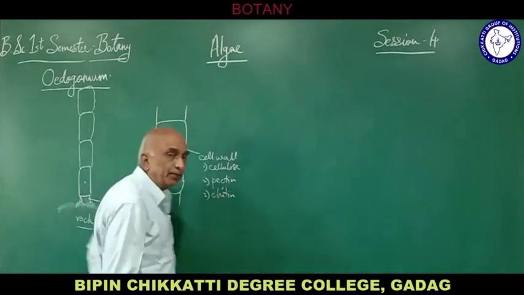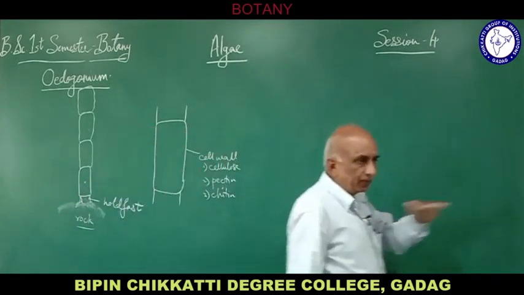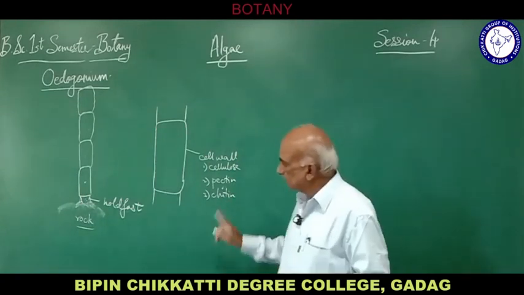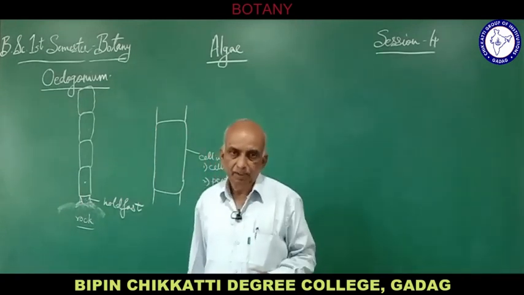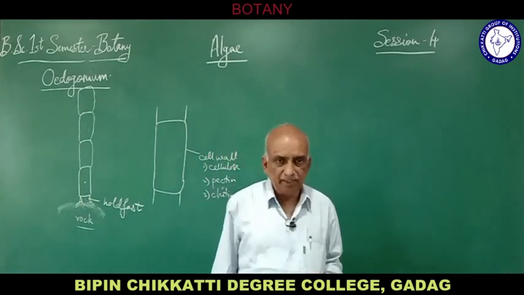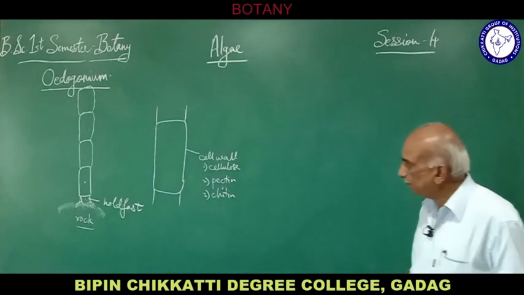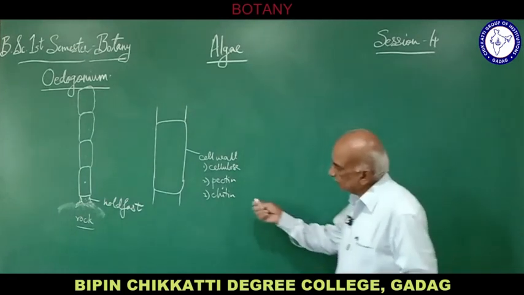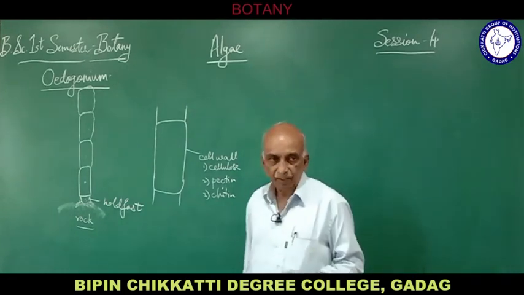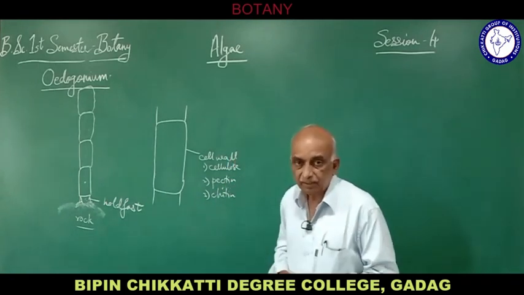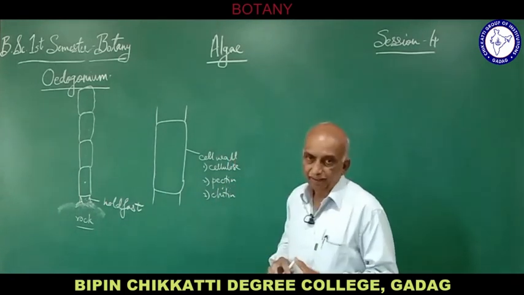So the surface investment is chitin, which is considered the third layer. The first layer cellulose, the second layer pectin, the third layer chitin. So this is the composition of the cell wall.